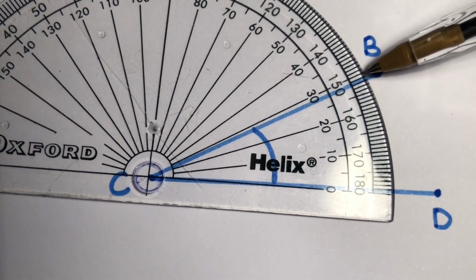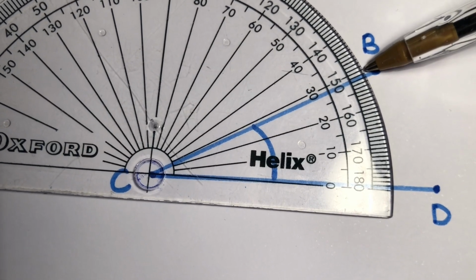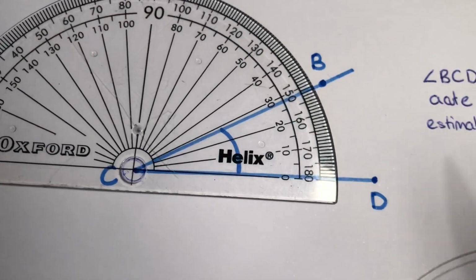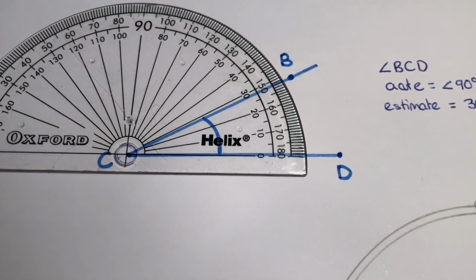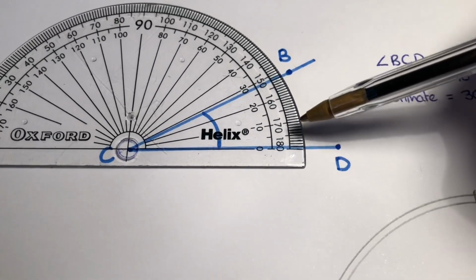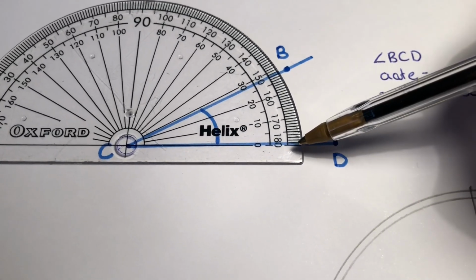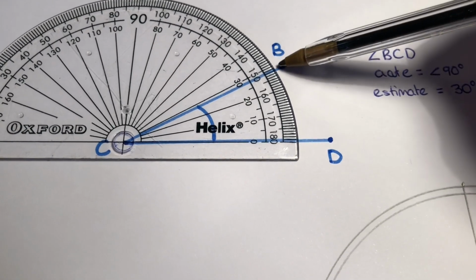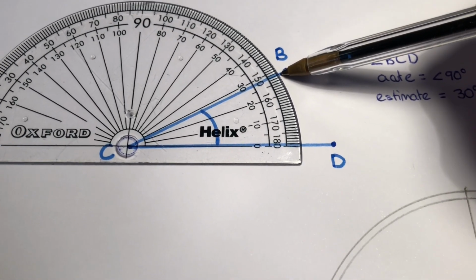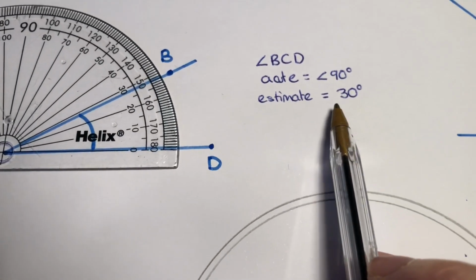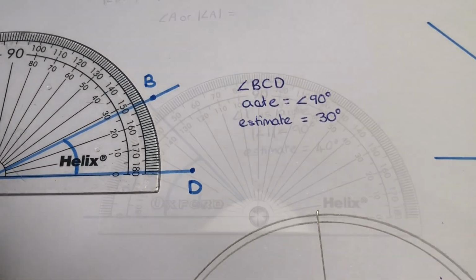Now 30 is this one, and it's 2 less than 30. And that means then that our angle BCD is 28 degrees. There are 28 little dashes from the 0, from the bottom arm of our angle, to the top arm. 28 degrees, and that's quite close to our estimate of 38 degrees.